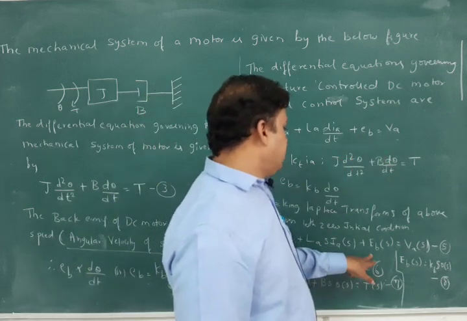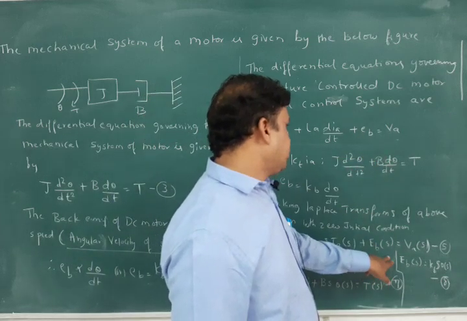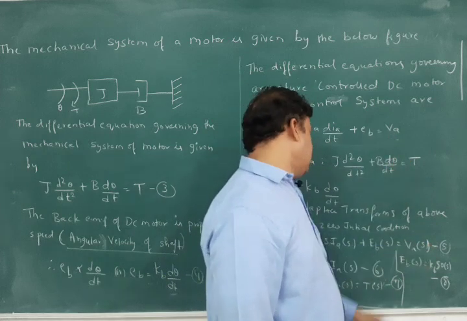Plus back EMF, Eb of s, is equal to Va of s, which is the 5th equation.